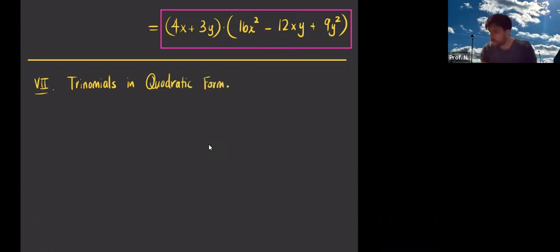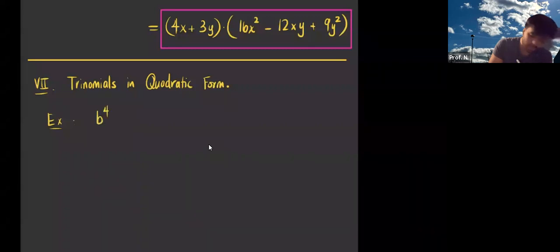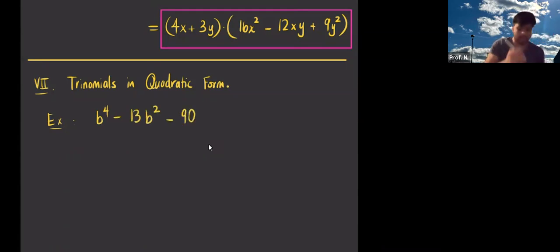Now, what does that mean? I'll give you an example. For example, if I have b to the fourth minus 13b squared minus 90. This is an example, and I'll give you another example, and we'll be finished with this.